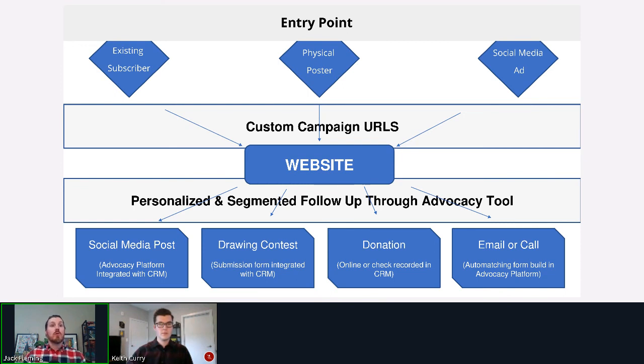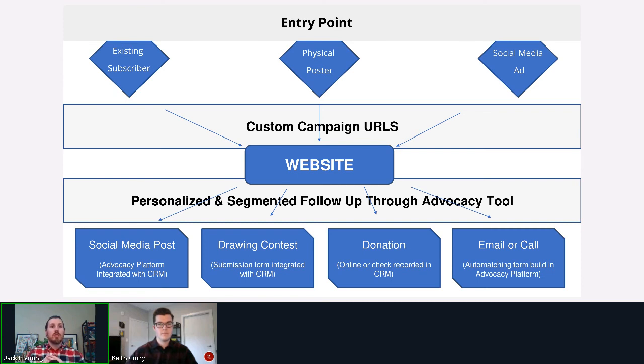So social media, they responded to the social media ad, prime candidates for getting the ask to send a social media post. So we use segmentation in our email. So we can follow up with an email address if we have emails for those people. Alternatively, Keith mentioned retargeting.